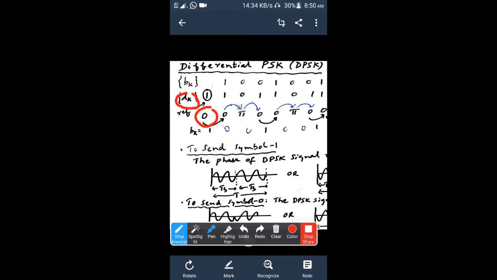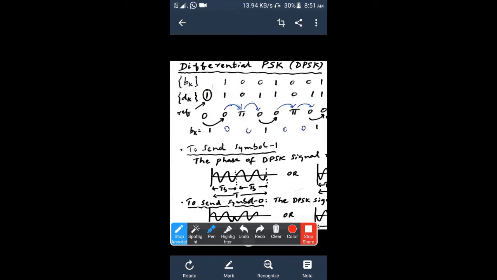Recall what I explained so far. This initial bit is combined with this one. Differential encoding is done between these two. So 1 XNOR 1 is 1. Next, 1 XNOR 0 is 0. Next, 0 XNOR 0 is 1. That's how it is done.